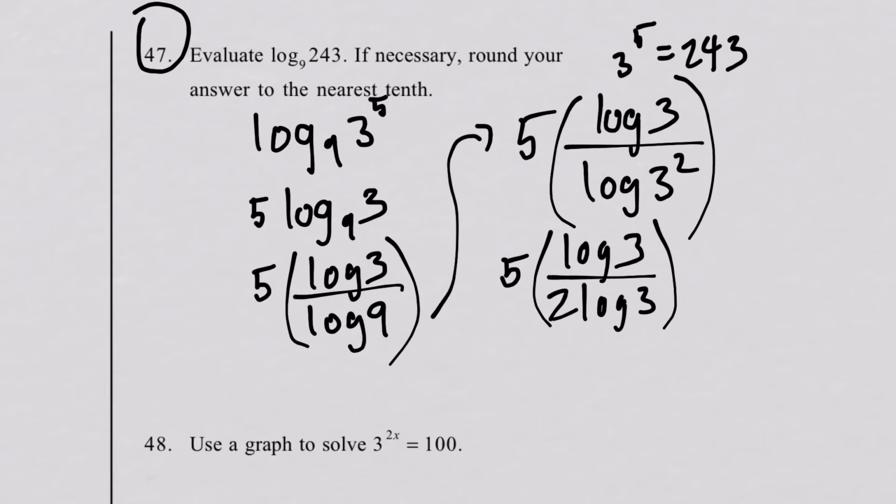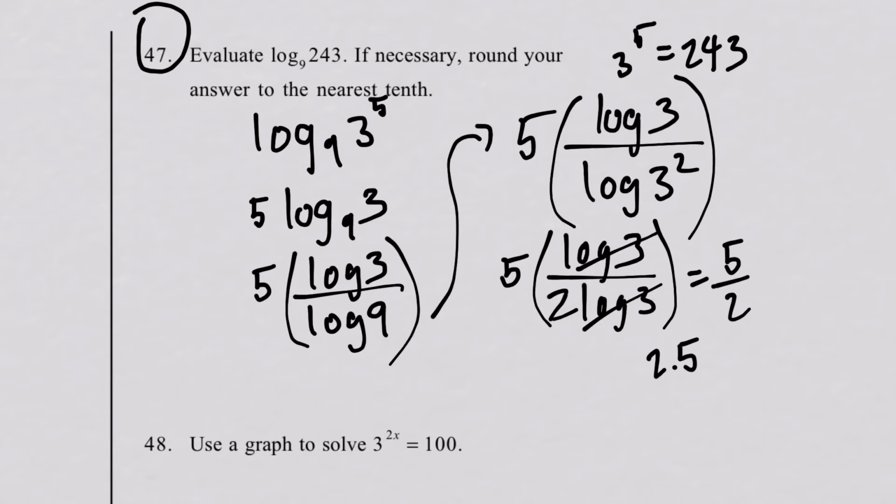Whew, we're done. What happens with log of 3 and log of 3? They cancel, right? You divide the same number by itself, you get 1. So it's 5 times 1 over 2, right? When you cancel that numerator, you still have a 1 up there left over. So it's 5 times 1 over 2, which is 5 halves, which is approximately 2.5.